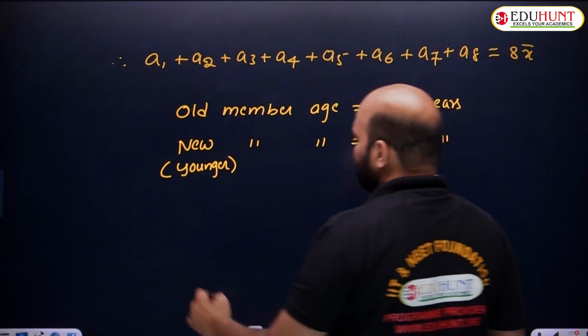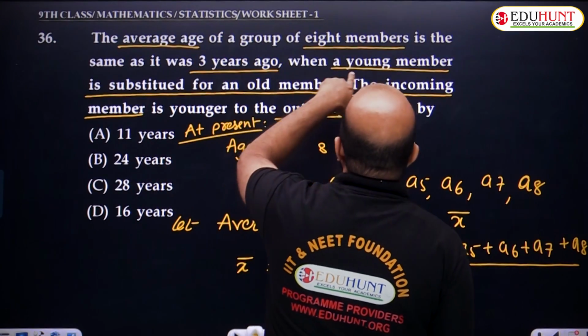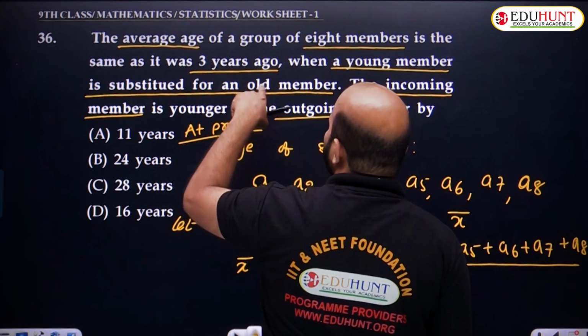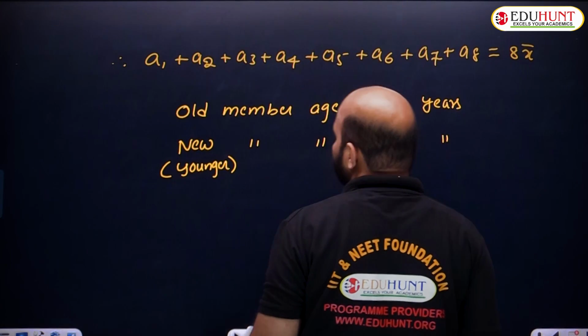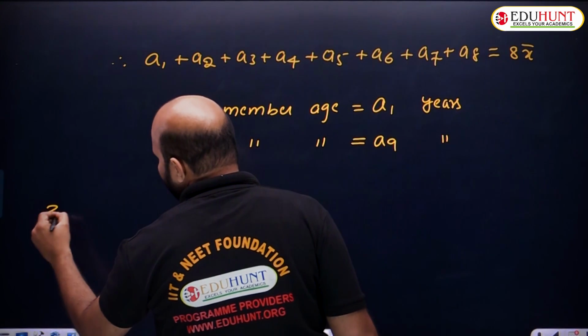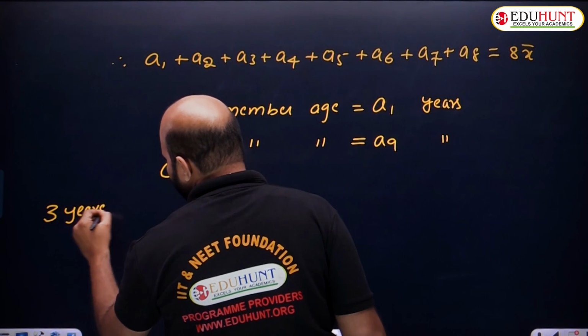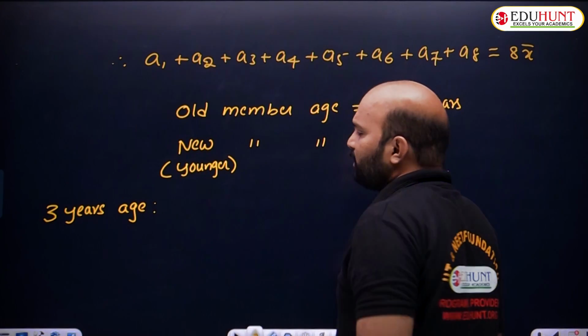But what is given? 3 years ago, a younger member was substituted for an old member, nothing but the old member left the group and the younger member joined. That happened 3 years ago, so each one decreased by 3 years.